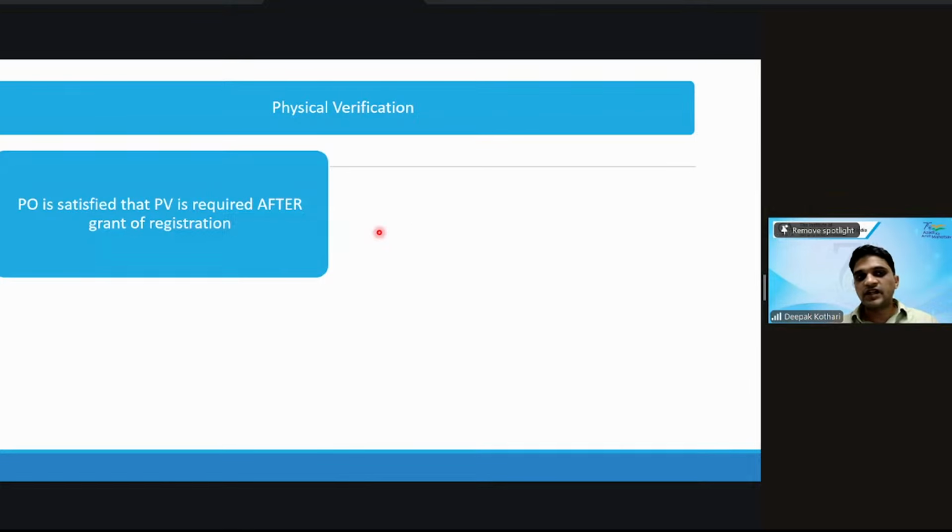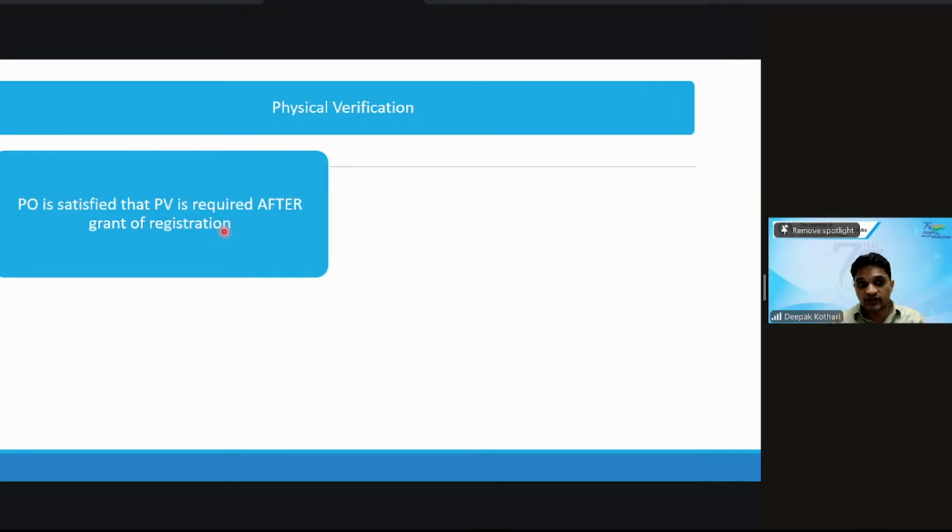When will they do physical verification? Where the proper officer (PO means proper officer, PV means physical verification) is satisfied that physical verification is required even after the grant of registration. Registration मिल गया, you cannot be happy.